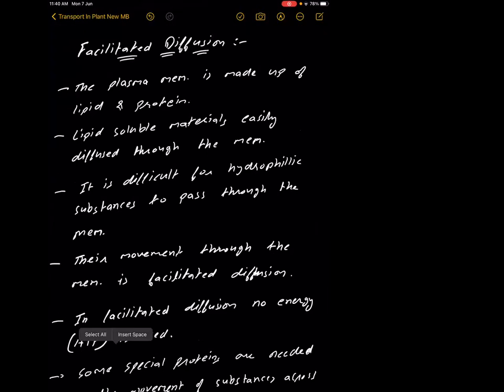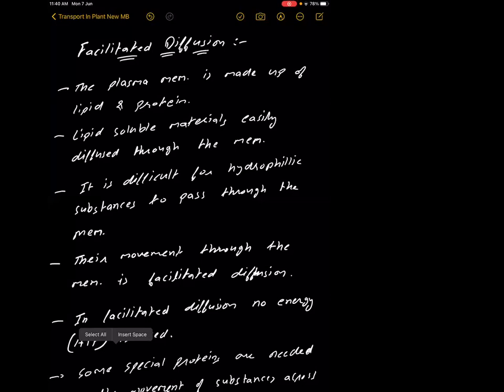But here I'm describing facilitated diffusion. Facilitated diffusion is just like diffusion, but through a special point in the plasma membrane where porins are present. The problem is that the membrane is a lipid membrane, so hydrophilic material cannot be transferred directly through it. So they have special channel gates through which they can pass the membrane.